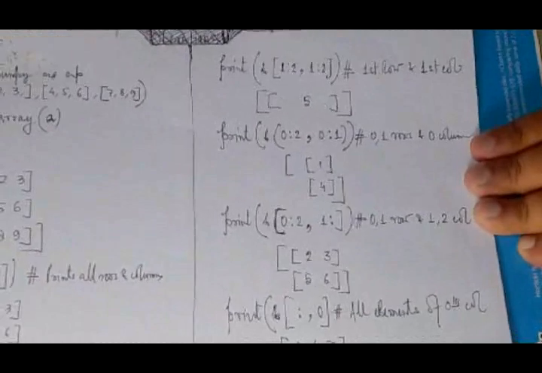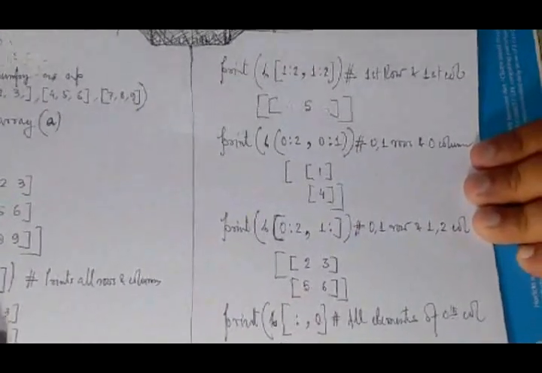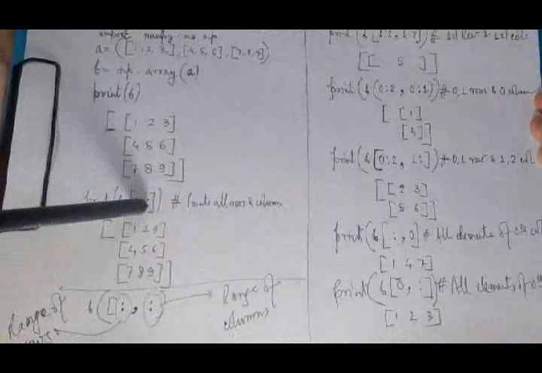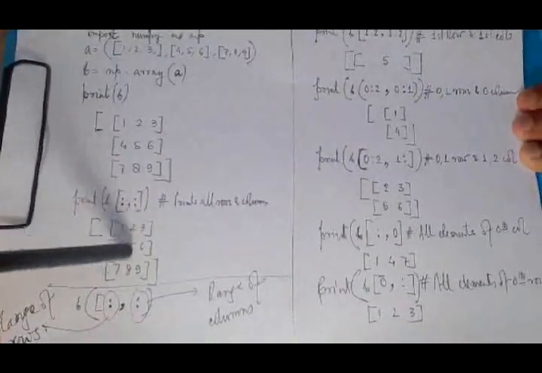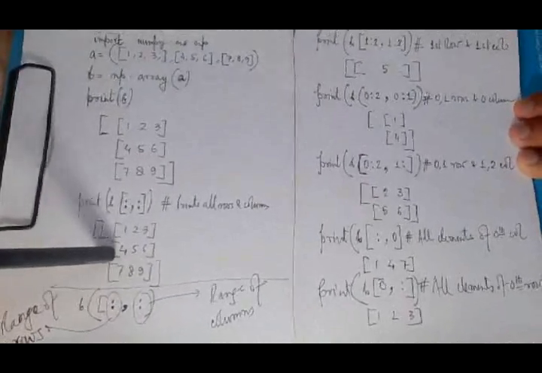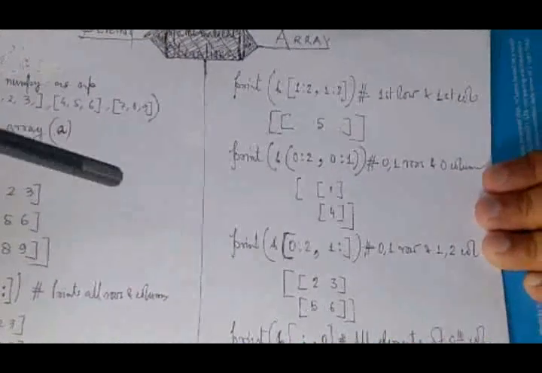This is the row and column, 1 row 1 column, so what comes? 5. So 5 is the output. These are columns 0, 1, 2, and these are rows 0, 1, 2, so 1 row and 1 column, so the value is 5, so 5 gets printed there.